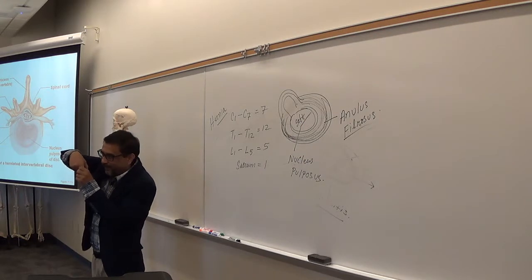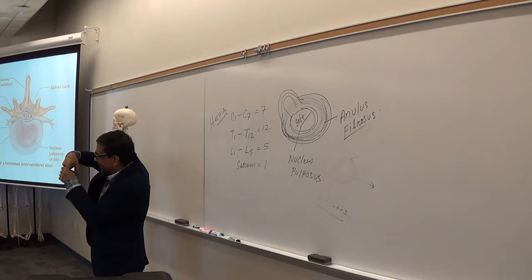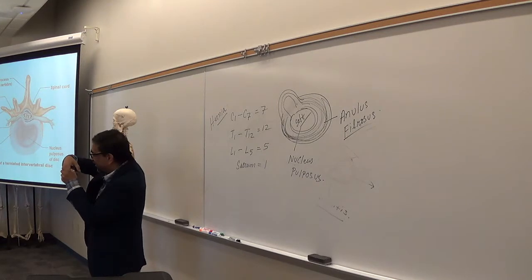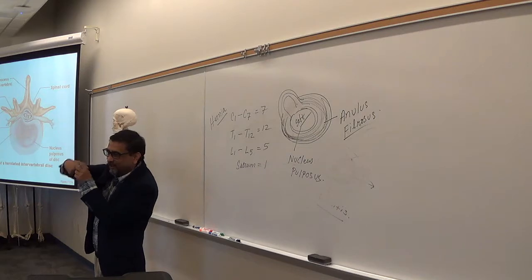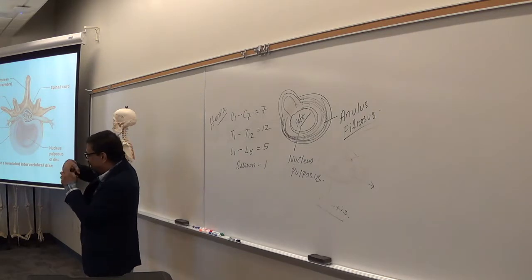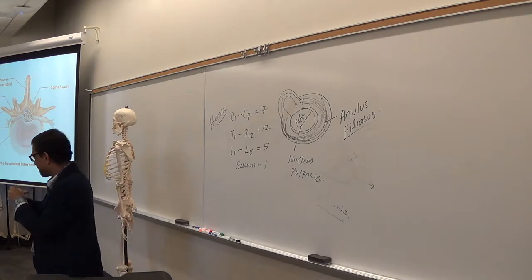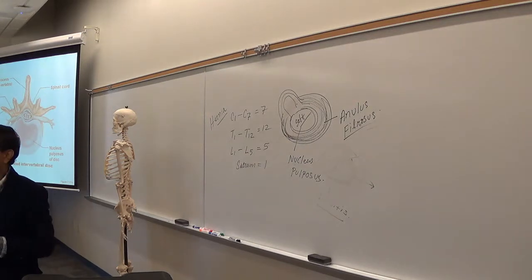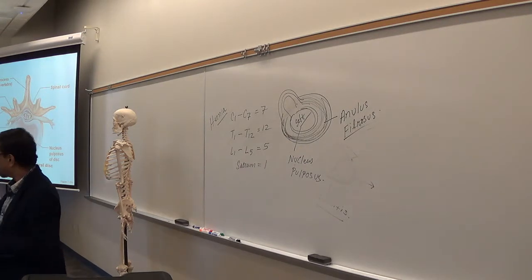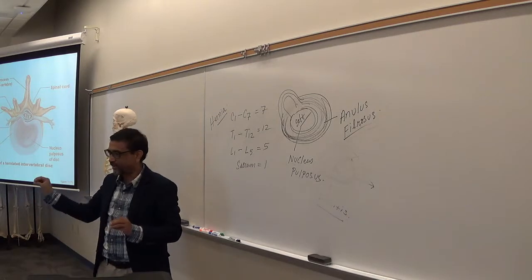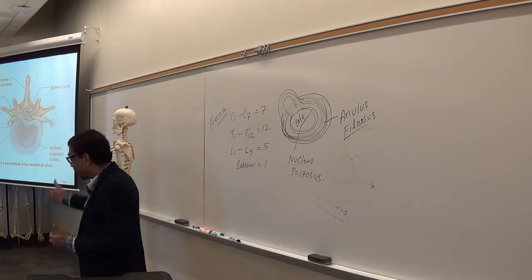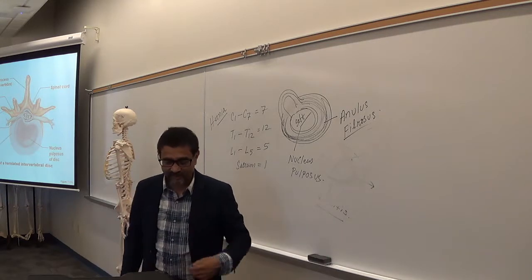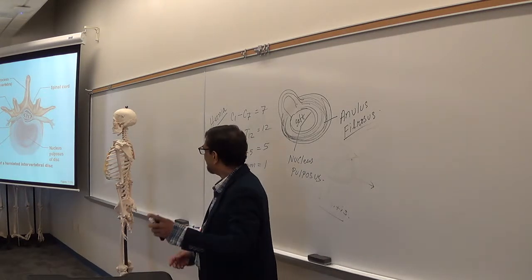That pressure can rip the wall of that canal, and that spermatic cord can come out like this, tearing the wall. So that is called what? Hernia. Movement of any structure from its normal to abnormal location or position inside the body is called hernia. So this is clearly a herniated disc. The disc is pushed out.